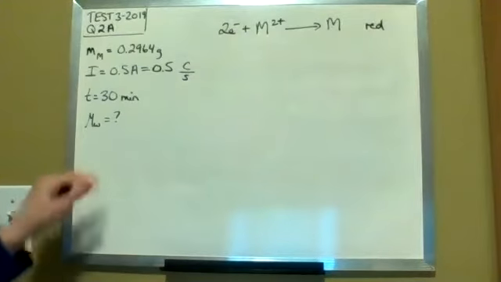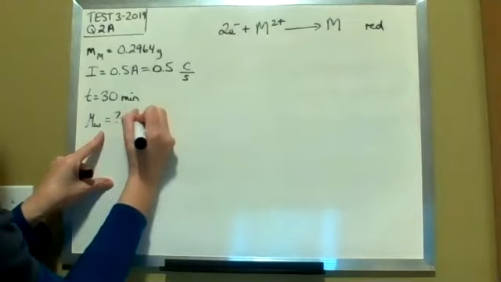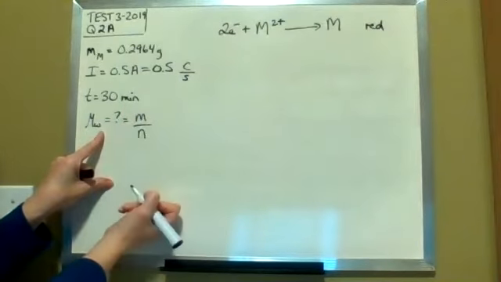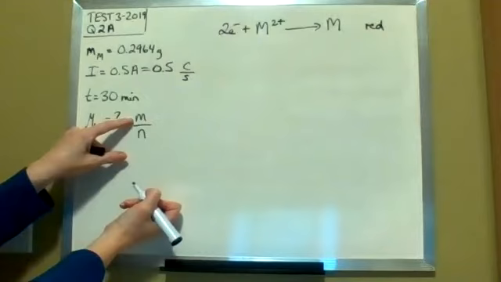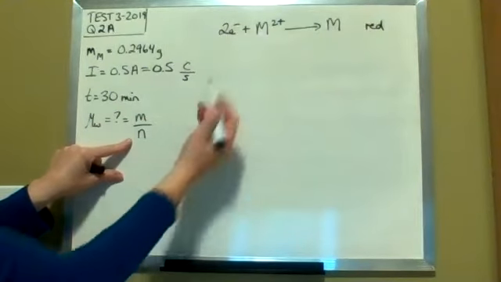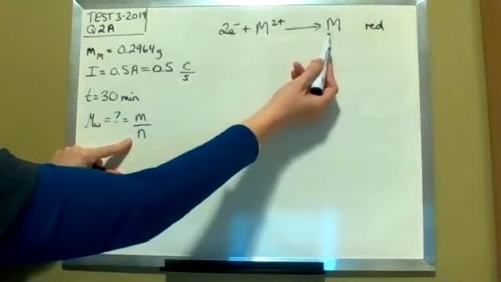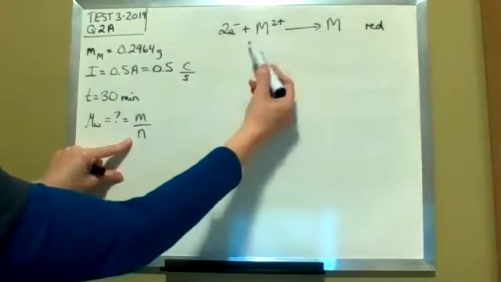So first things first, if we want to find molecular weight, that is equal to mass over moles. We're given our mass, but we don't have our moles of M. But we do have a balanced equation up here. So if I want to find moles of M, I can find moles of one of these over here.